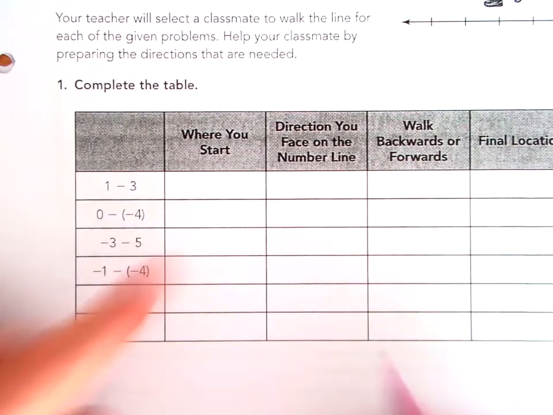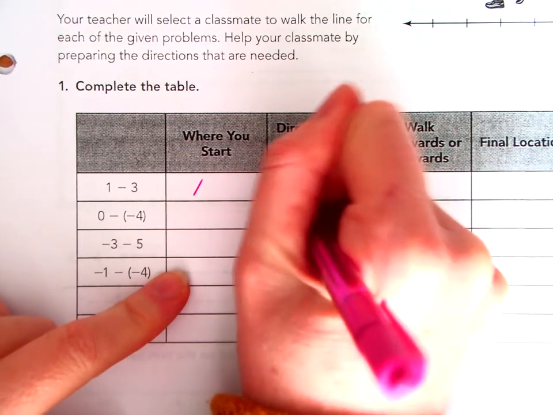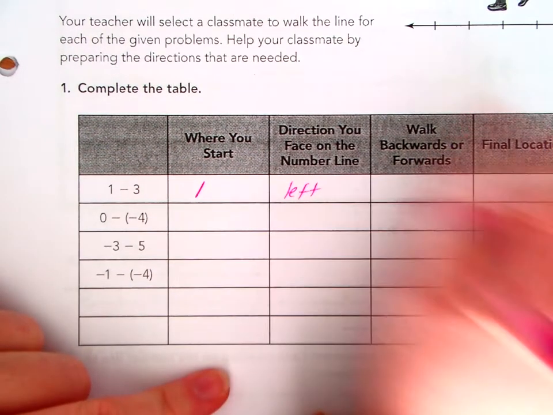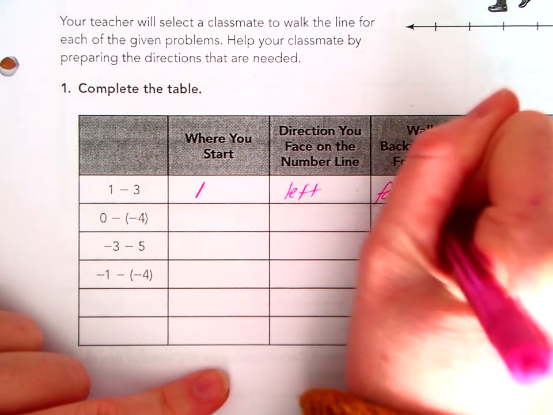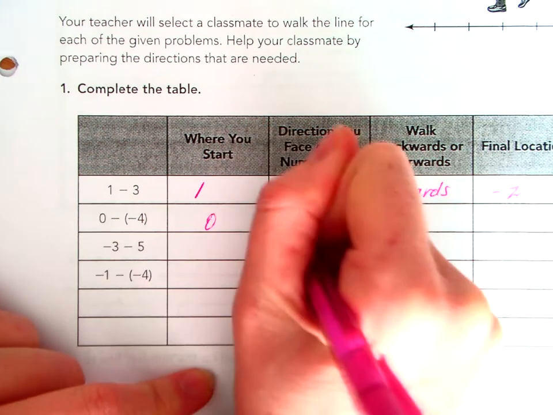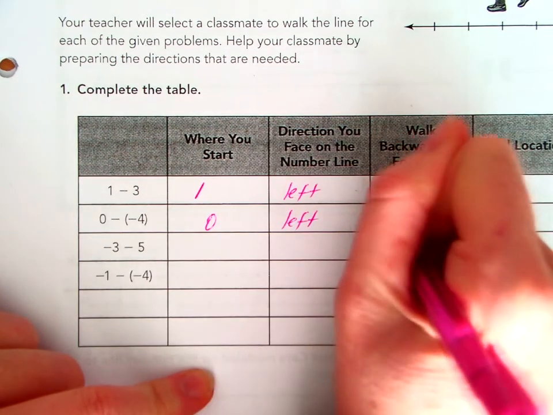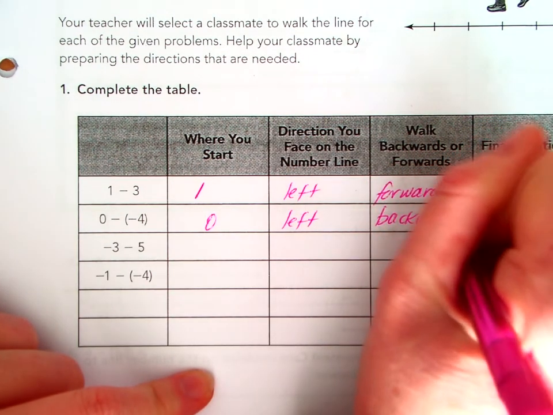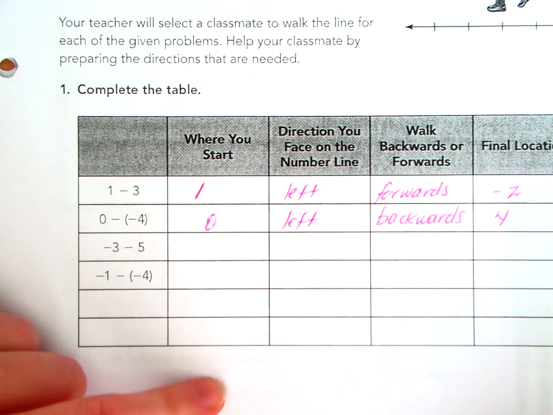And here is what we ended up with. You start at 1, you face left, you walk forwards, and then you are at -2. You start at 0, you face left, you walk backwards, and you're at +4.